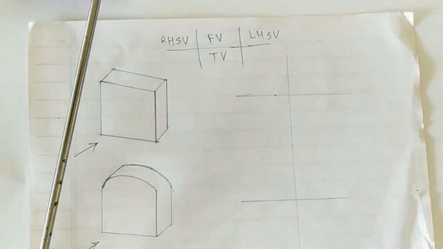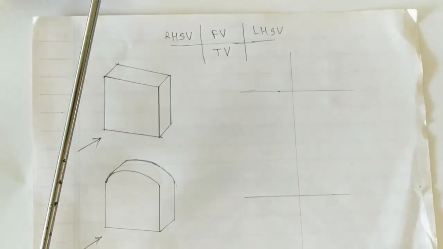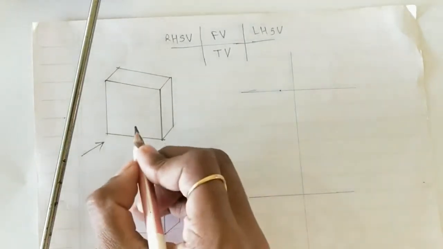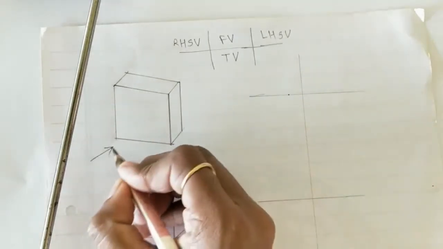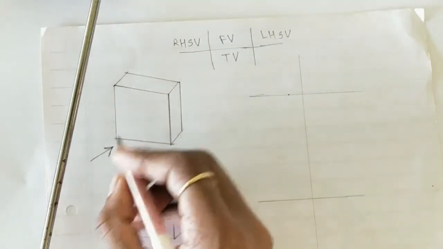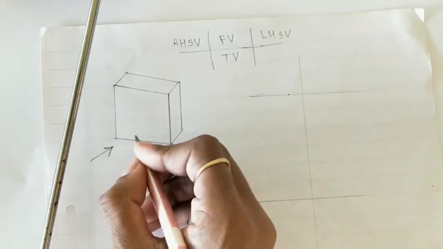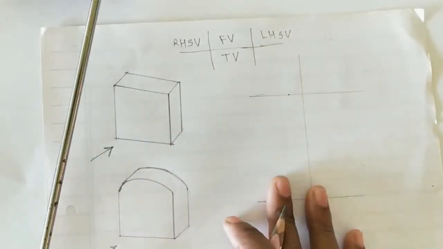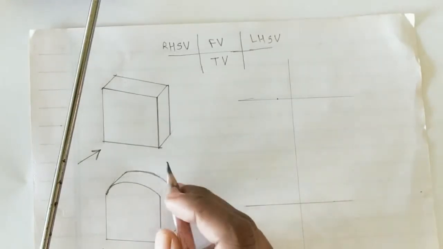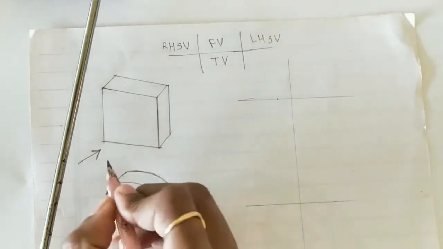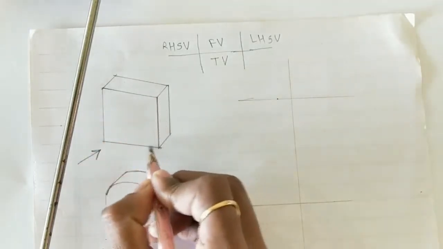First we will see some simple examples. Suppose this is our first object and this arrow direction is the direction for the front view. So for the front view we will see this rectangle.